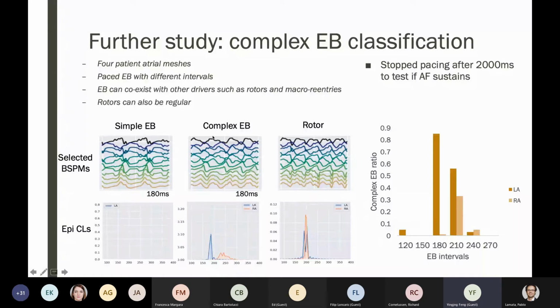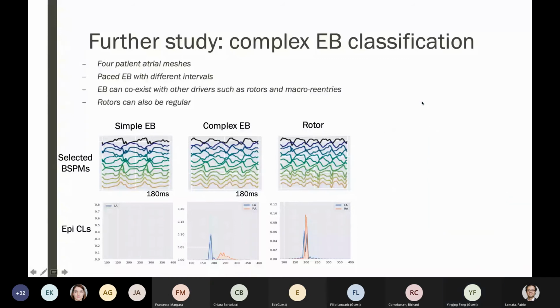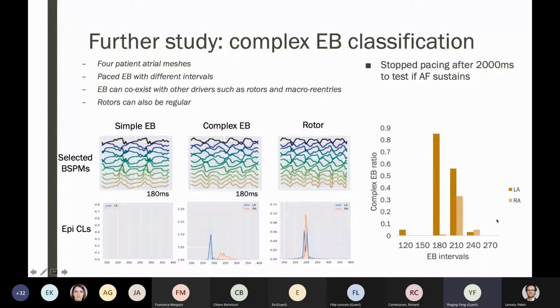And how do we separate these two to provide a reliable ground truth? We instead stop pacing the ectopic beats after 2000 milliseconds to test if the AF sustains. And we found the distribution for different intervals.